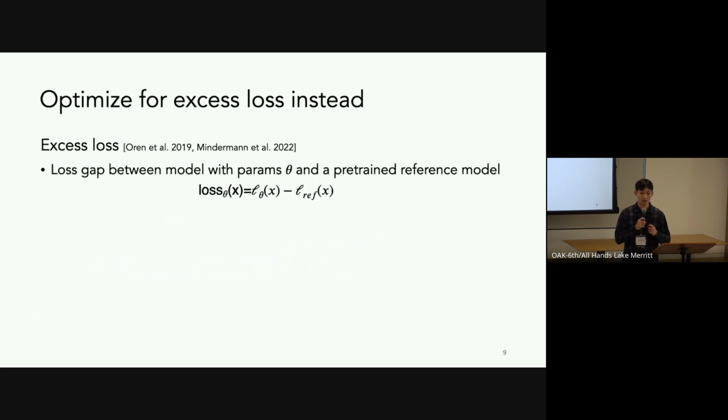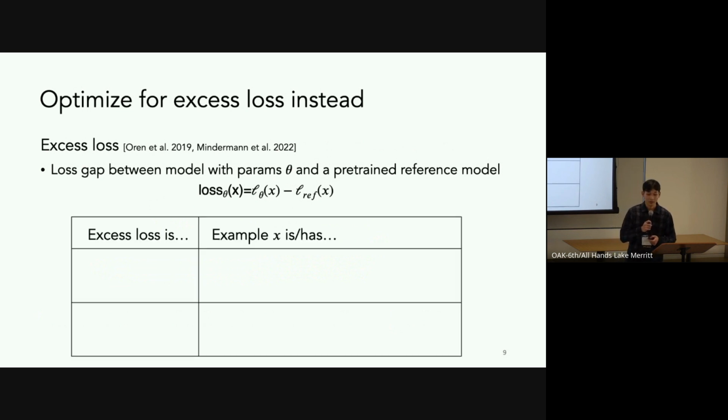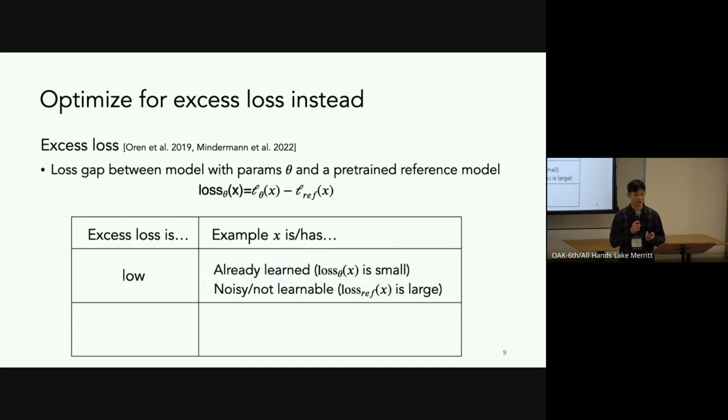So the loss that we're optimizing in the min-max objective in the previous slide is actually a difference between two losses. Just to get an intuitive picture, when excess loss is low, that means the gap is small, and perhaps this example has already been learned, or maybe this example is very noisy or not learnable.